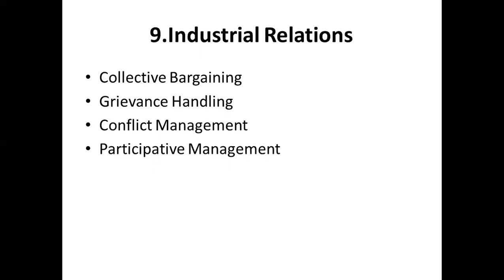And if there is any grievance, grievance handling should be done in order to overcome the grievance. And conflict management, if there is any disagreement between two or more persons, that needs to be overcome. And last is participative management, wherein even the workers should take part in the management activities.